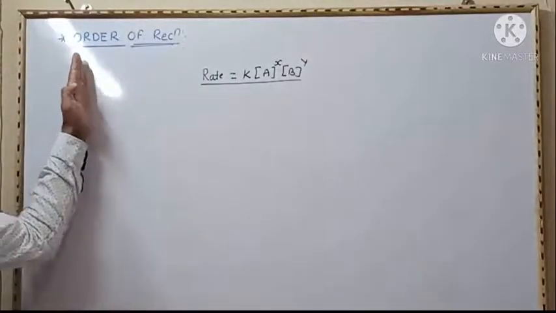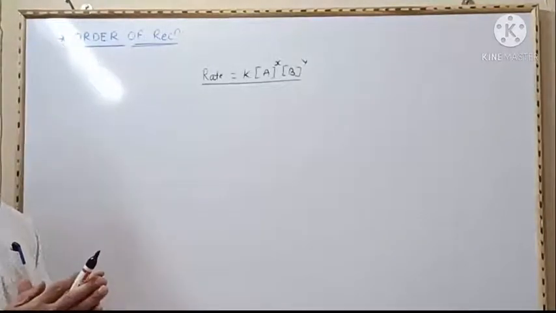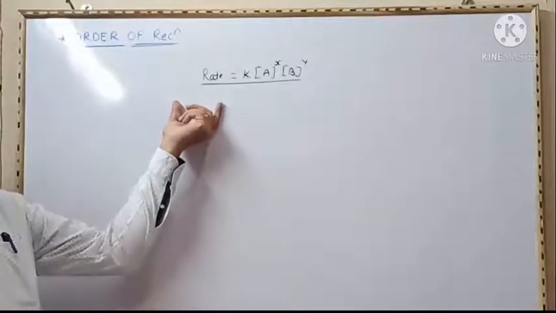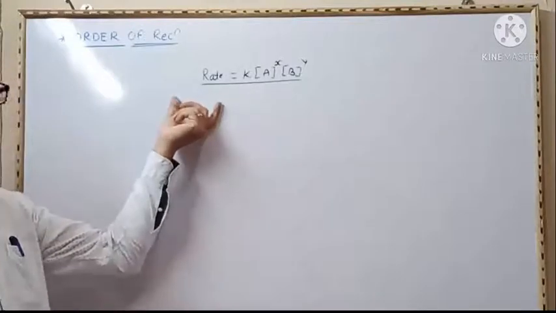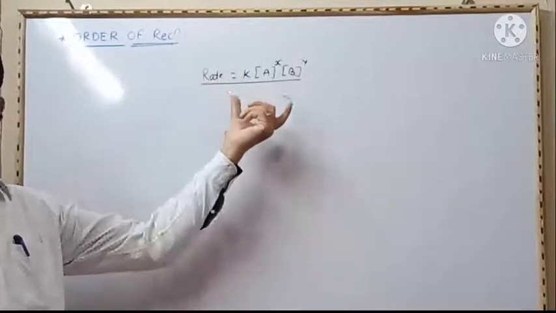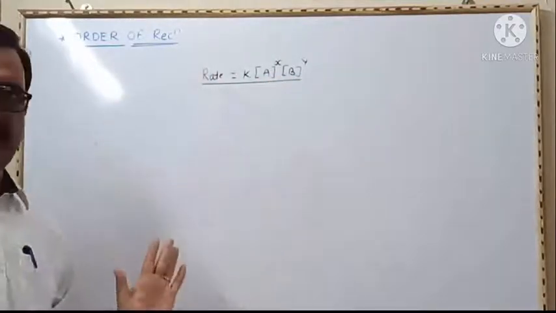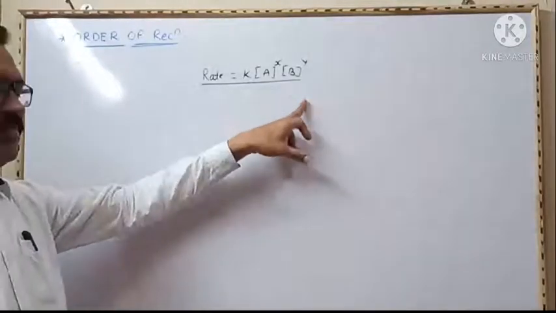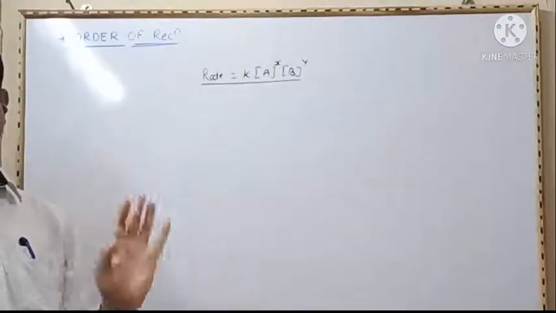Next concept, order of a reaction. For a given chemical reaction, according to the rate law, the rate of reaction is obtained by this equation. This equation is called the differential rate law equation, or rate law equation. Here, the concentration terms are raised to simple powers x and y.